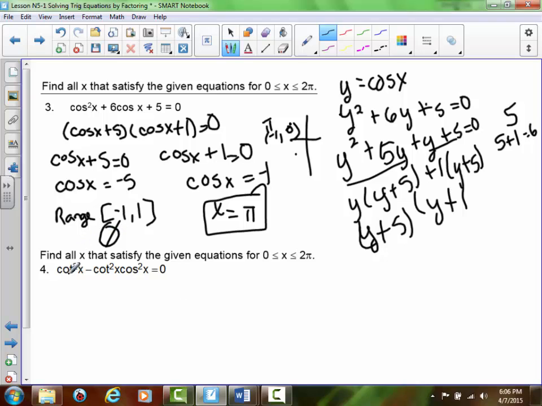Okay, so cotangent squared minus cotangent squared times cosine squared x. All right, so it's already equal to 0. I see that there's a cotangent squared in each one, so I'm going to factor that out. That's going to be my GCF. And I'm left with 1 minus cosine squared.